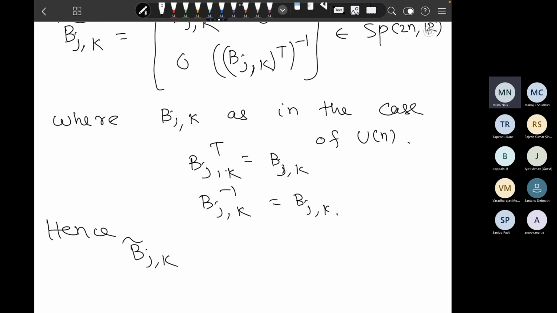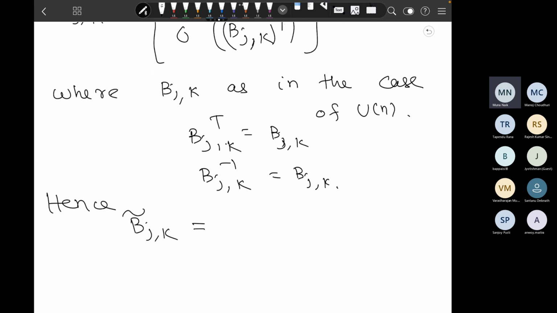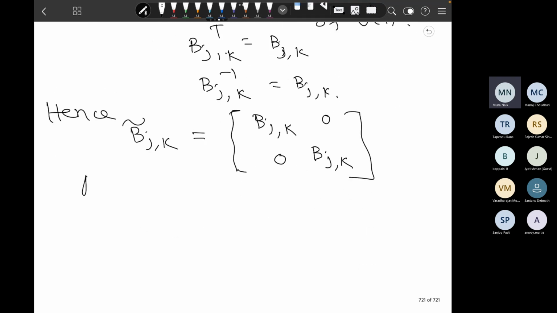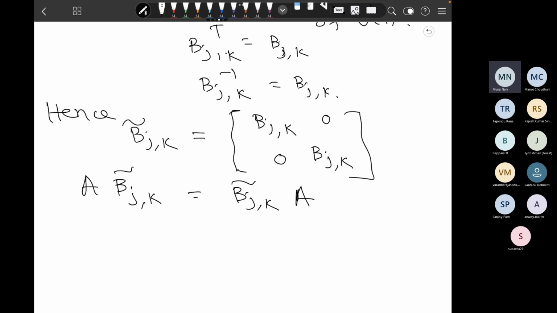B_{j,k} tilde is equal to B_{j,k} 0 0 B_{j,k}, because now you will get A B_{j,k} tilde is equal to B_{j,k} tilde A. So this is a block matrix. It will multiply blockwise.